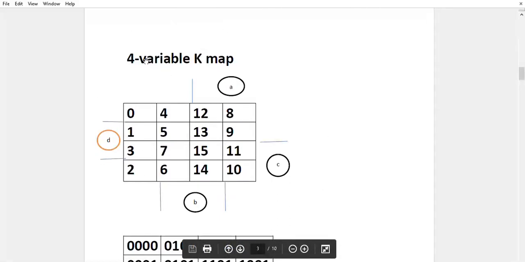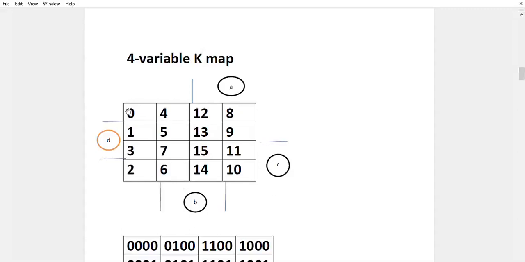And in this K-map, we take 4 variables, namely A, B, C, D, or you can choose x1, x2, x3, x4. And look at the placement of the elements in the Boolean functions.